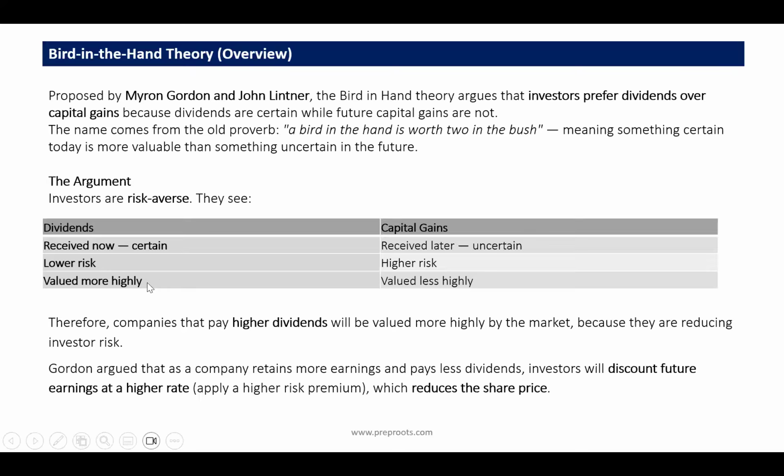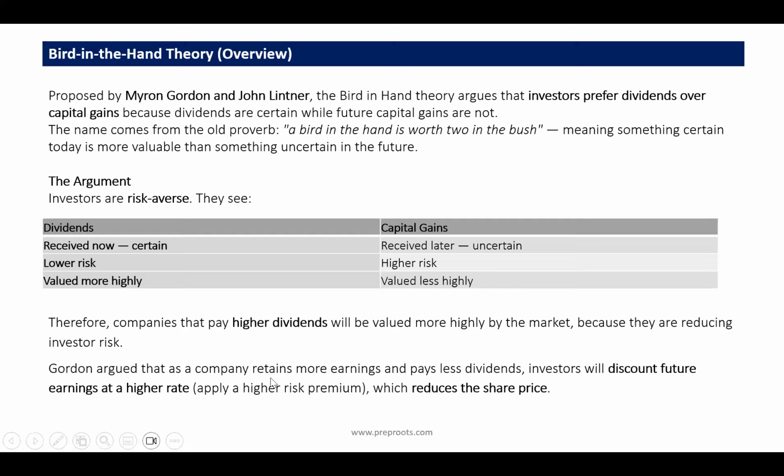It is lower risk. Capital gain is risky because it will be received in future. It is uncertain, so it is valued less because of its high risk. Therefore, the companies that pay higher dividend will be valued more compared to those companies which pay less dividend.